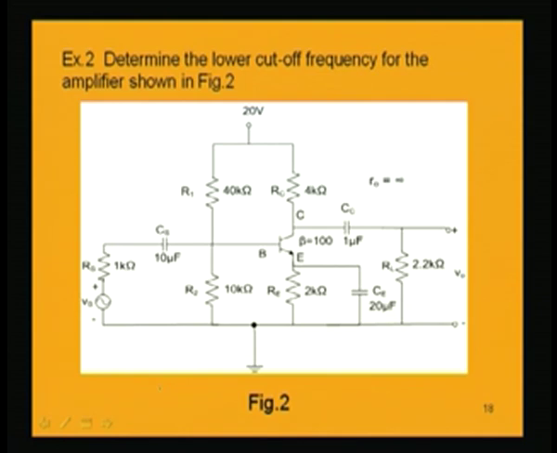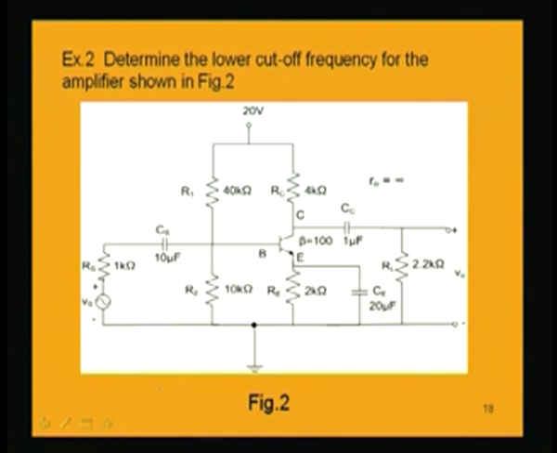Now, in order to solve such problems, first thing is to draw the equivalent circuit in small signal mode. So, if we now draw this equivalent circuit for this amplifier considering all the capacitances, then in the low frequency region, as we have earlier discussed, the capacitances which will be existing are the coupling capacitor and the emitter bypass capacitor.